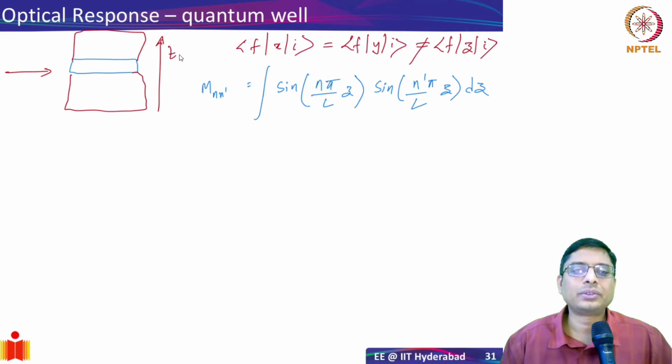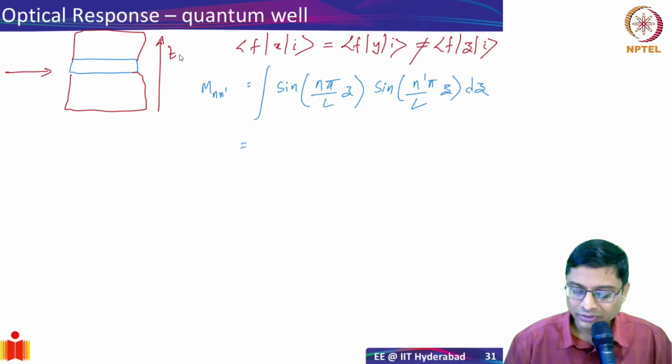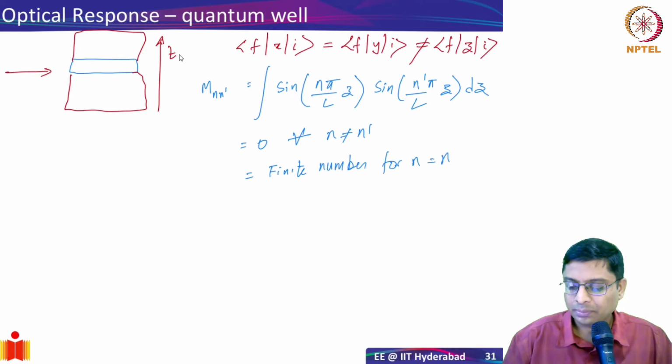If you look at the math and verify for n equal to 1, 2, 3 and so on, you will see that this integral turns out to be 0 for all n not equal to n prime, and it is only going to be some finite number for n equal to n prime.